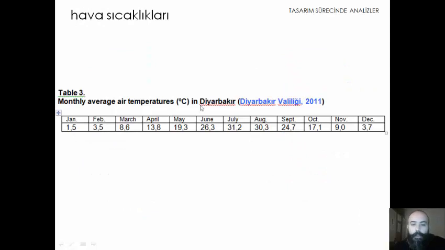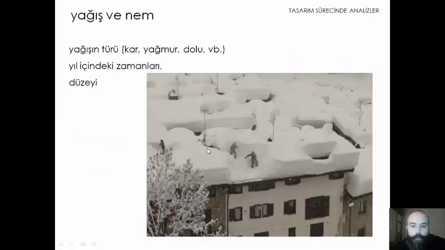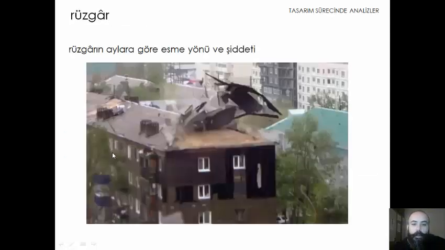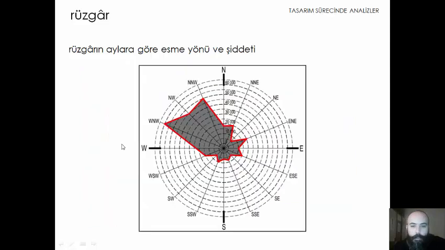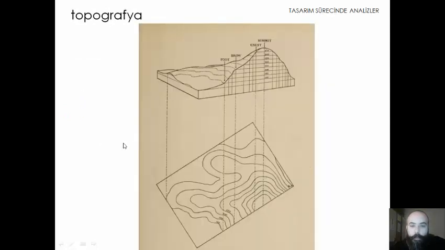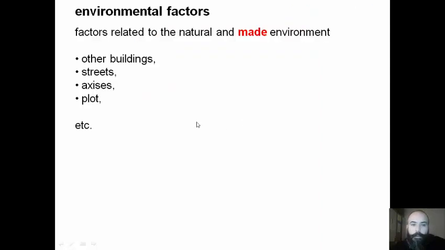Monthly average air temperatures, precipitation, its type and its duration, monthly average relative humidity, wind, prevailing wind direction and wind speed, the green spaces and their types, topography. These are all the natural element factors, environment factors.